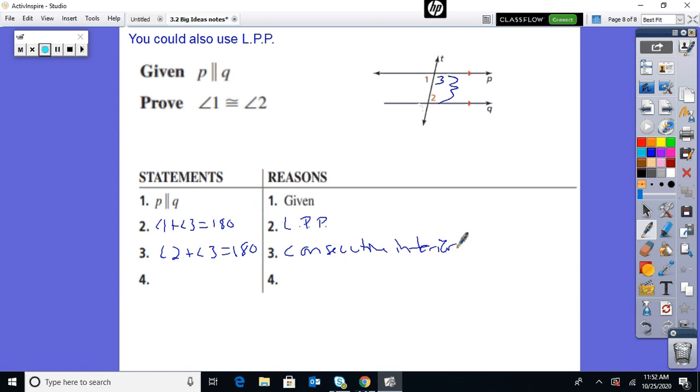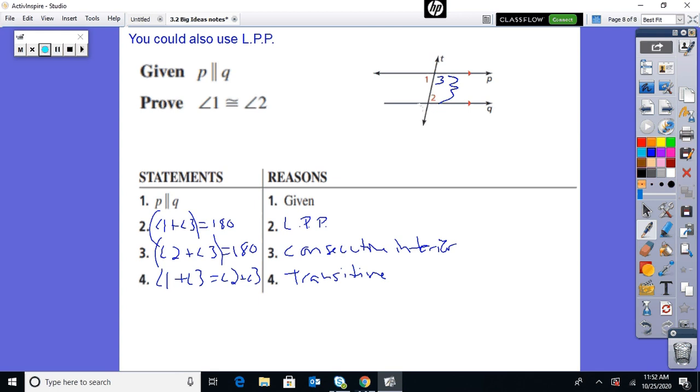So now it takes a little bit more work because you notice that if 1 and 3 are 180 and 2 and 3 are 180, then you can set them equal to each other by the transitive property. So angle 1 plus angle 3 equals angle 2 plus angle 3. And there's your transitive partner in crime.